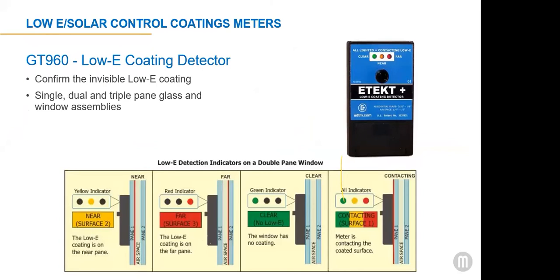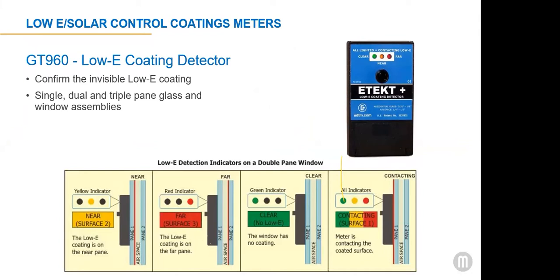So this tool is measuring differently in regards to surface number than we traditionally refer to surface numbers. The surface number, when we're talking about it, is always from the outside in. The tool, though, in this diagram references them a little bit backwards.